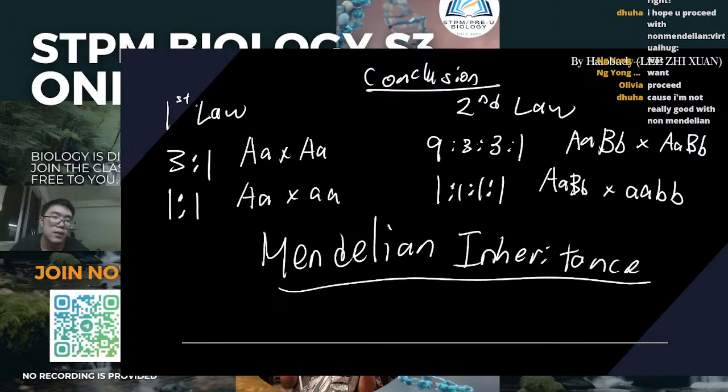One gene is controlled by a pair of two alleles, and each allele is either dominant or recessive only. And then the phenotype that appears either expresses the dominant characteristic or the recessive characteristic only.